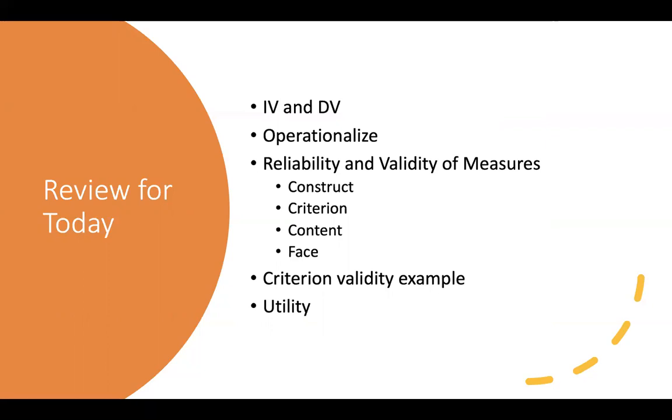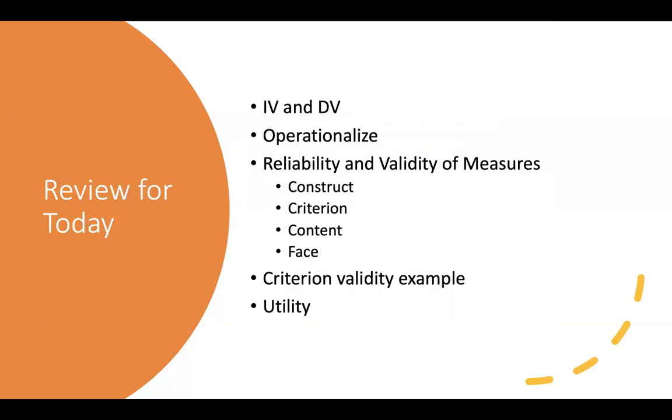So as we look at reliability and validity of the measure, you want to make sure it has good construct validity. It measures what it says it measures. It has good criterion validity. In other words, it correlates with other measures of the same thing. Content validity, it looks at the whole picture. It doesn't just take a small slice.